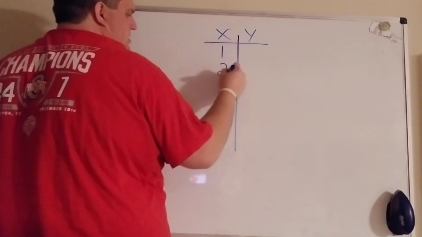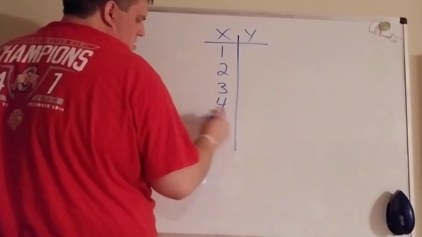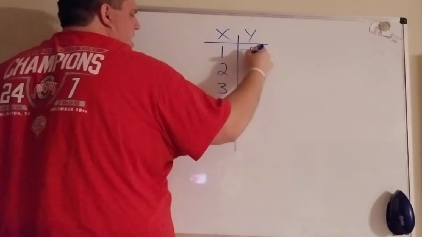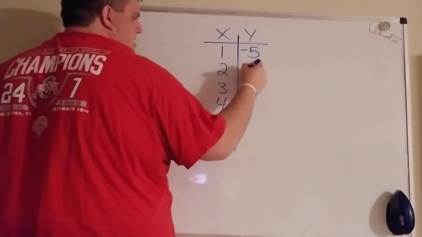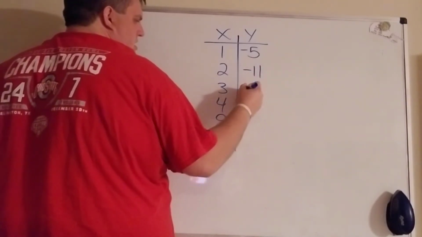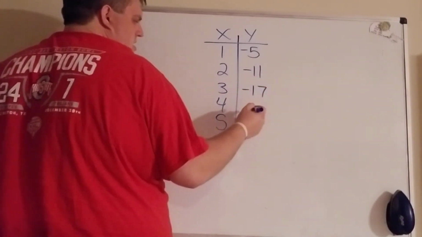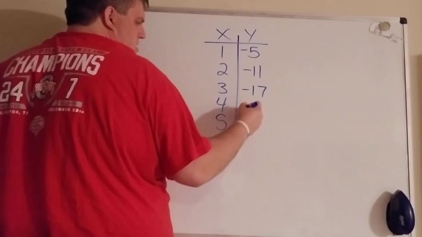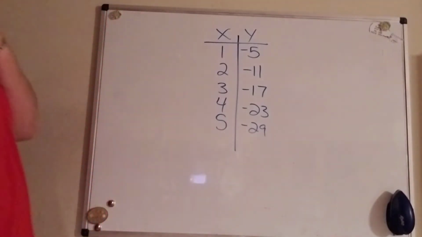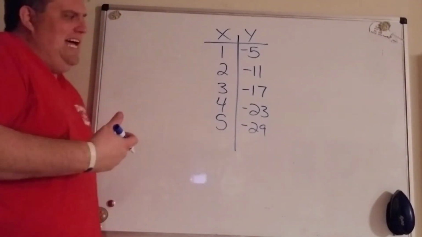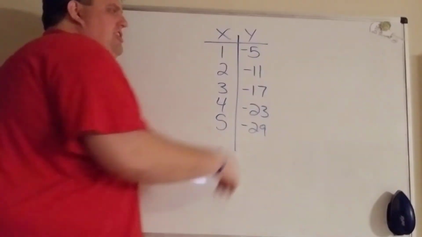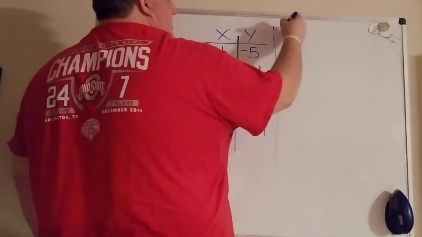And let's say it went -5, -11, -17, -23, -29, like that. All right, so again, maybe I can't tell, ooh, is this quadratic? Is this exponential? Is this linear? Not sure. So I can start with doing that first difference.